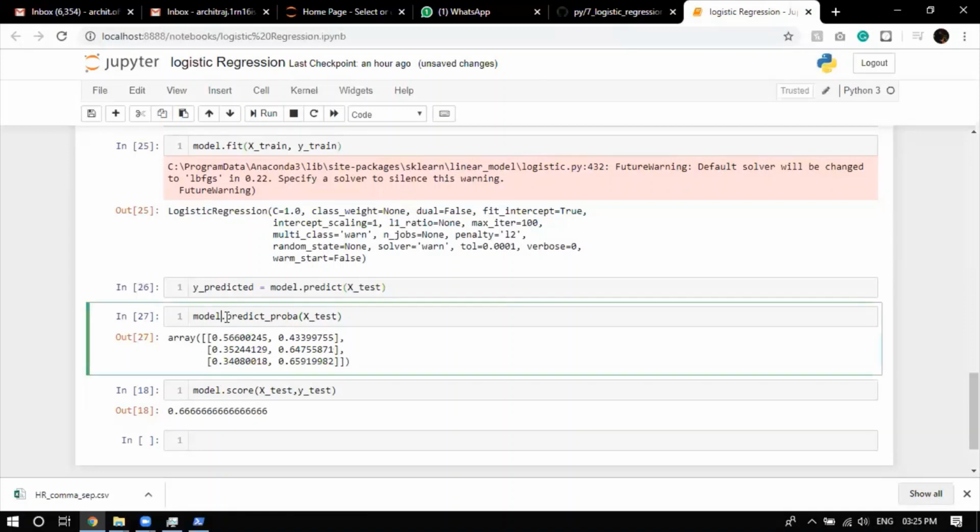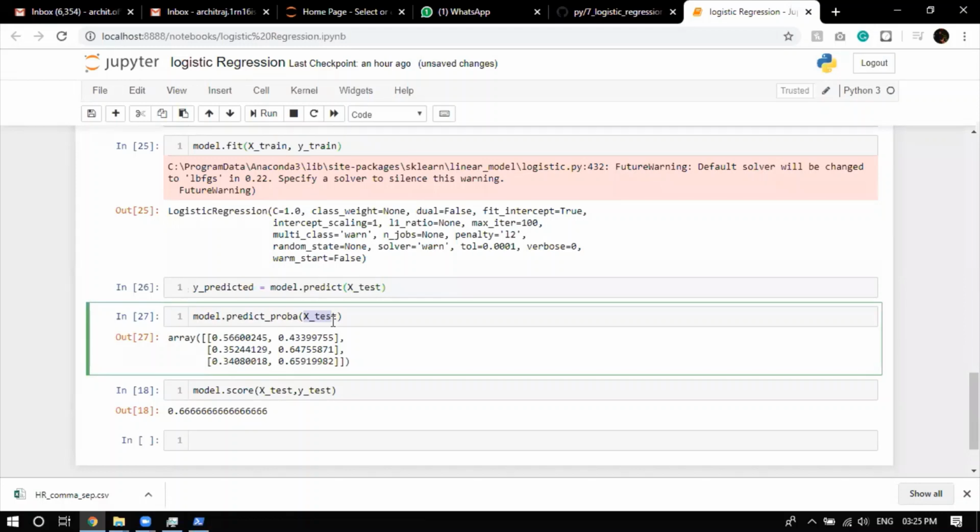This particular function, model.predict_proba, stands for probability. Now, as I told you, when you're giving the test X data, the logistic regression will give you two outputs for each and every input if it's a binary classification.